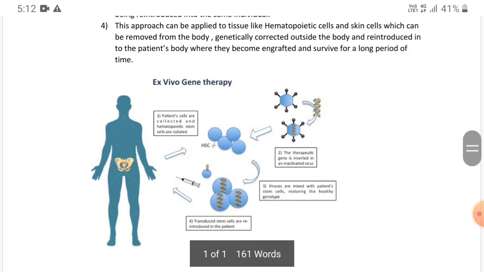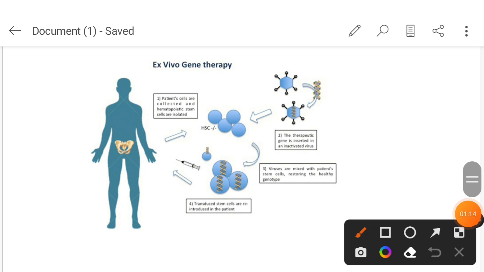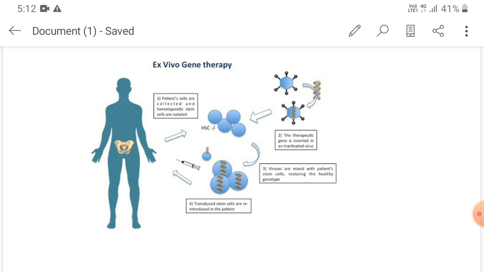Another important thing is that ex vivo gene therapy is one and only applicable for those cell types that can be easily isolated.